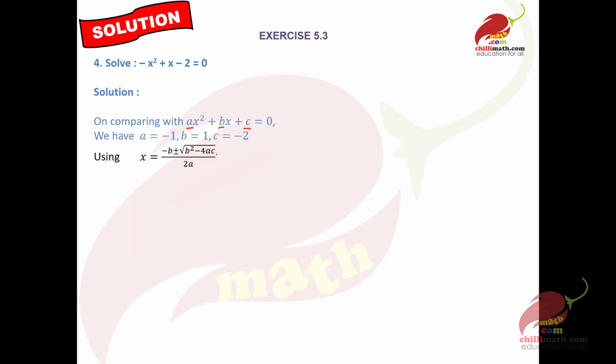Putting these values in the formula to find roots, we get x equal to minus b, that is minus 1 plus minus square root b square minus 4ac upon 2a. On solving we get minus 1 plus minus 1 minus 8, that is minus 7, upon 2 into minus 1, minus 2, which gives us minus 1 plus minus root 7 iota upon minus 2, which is your required answer.